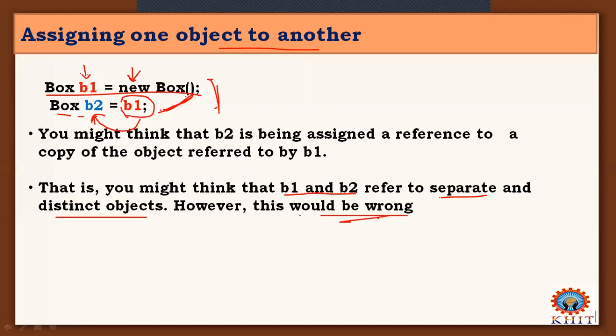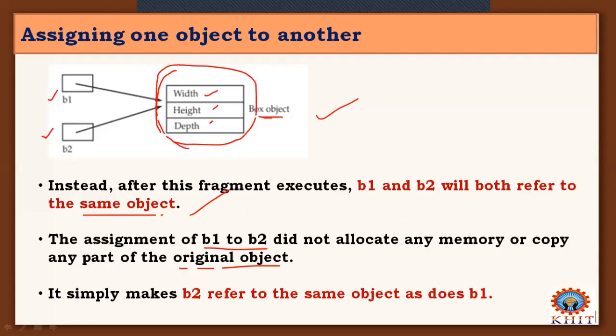And when we are creating the B2 object and assigning B1 to B2, no separate memory for an object is created here, only the reference is assigned to B2. It simply makes B2 refer to the same object as does B1. This is the statement important to remember here: B2 refers to the same object as does B1.